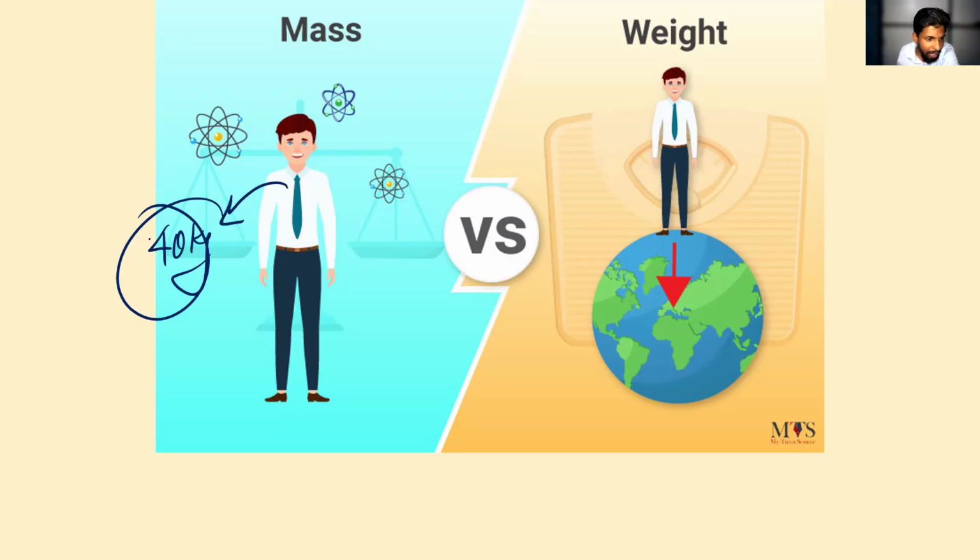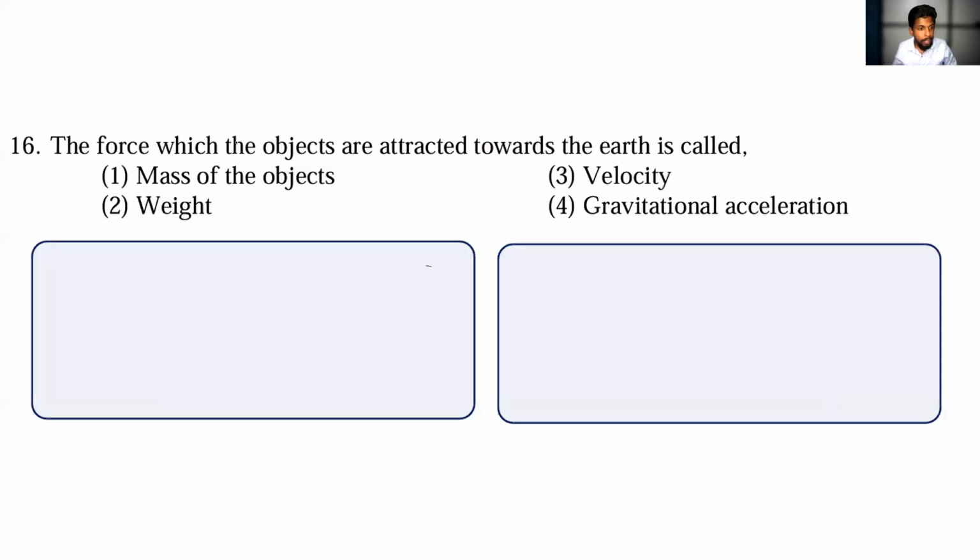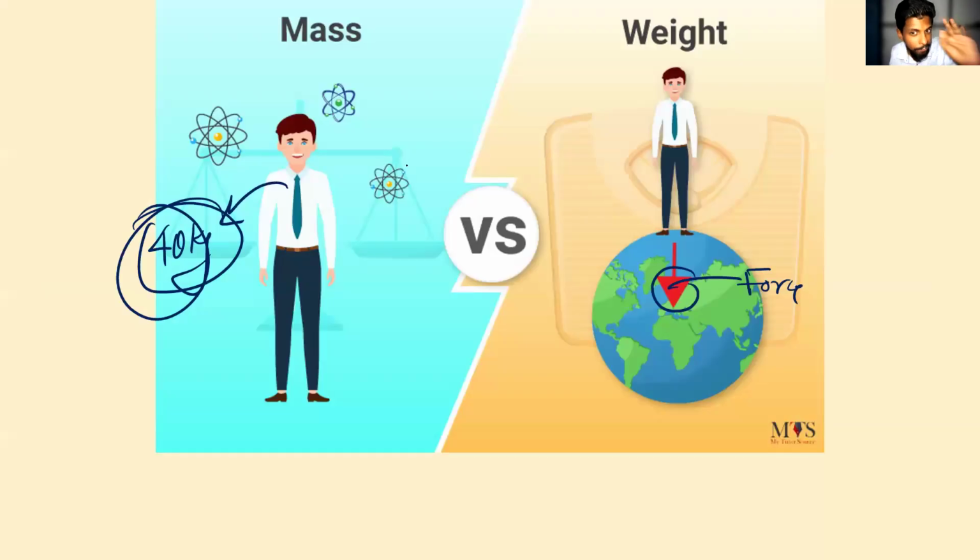Here, this man is 40 kilograms and he is applying a force on the earth. The earth is attracting that human with a certain amount of force. This force is called the weight of the object, the force with which objects are attracted toward the earth.